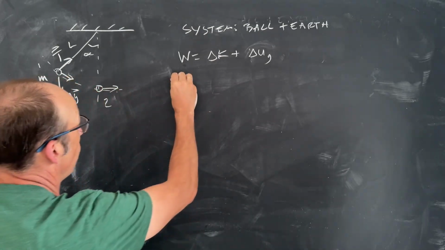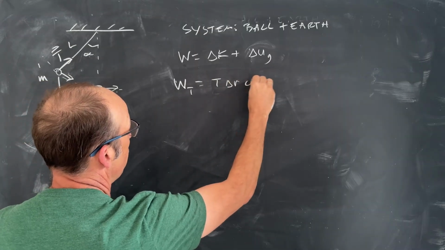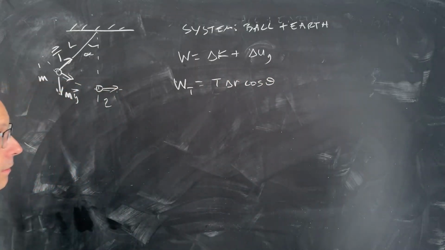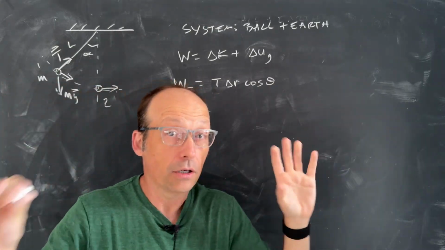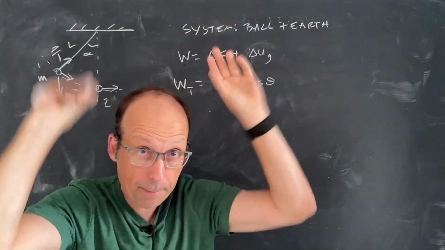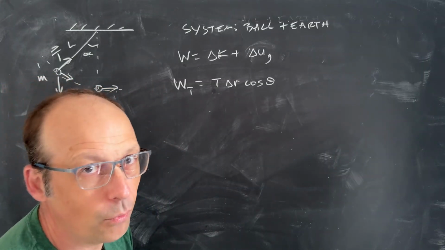Now I still have the work done by tension, which would be the tension times delta r times cosine, I'll call it theta. And that's a non-constant force. So this should set off alarms. Watch out, okay? But it turns out that we know what this is.